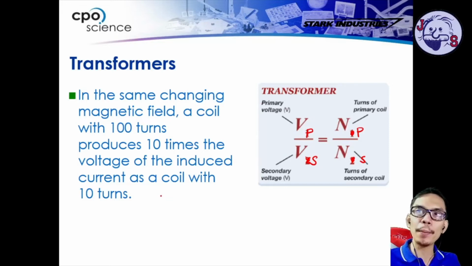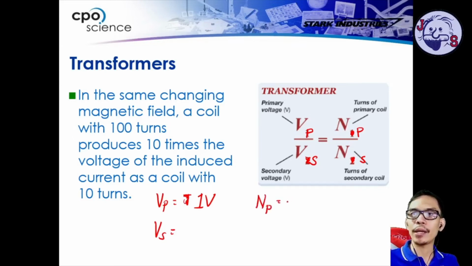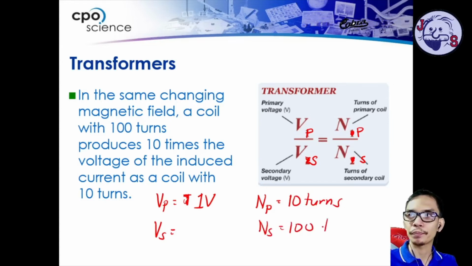Suppose your primary voltage has 1 volt. Alright, so 1 volt only flowing on that. Now, what is the secondary voltage if on the primary coil you have 10 turns, and on the secondary coil, you have 100 turns?